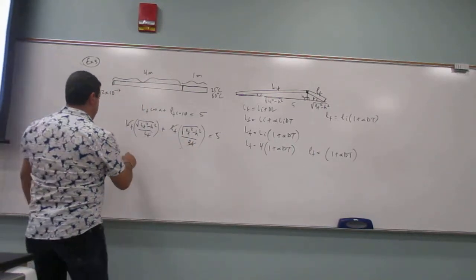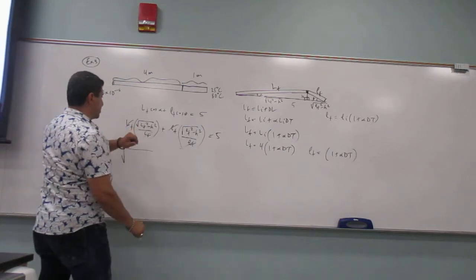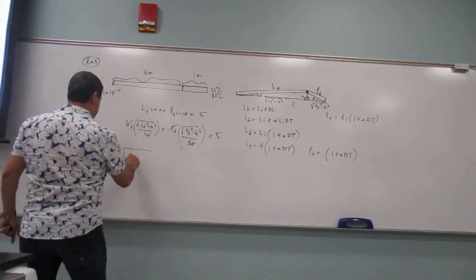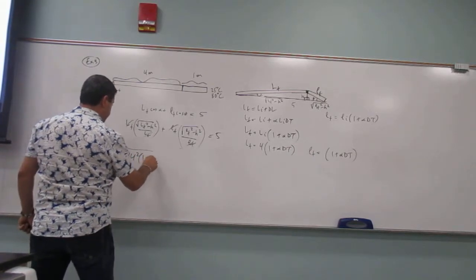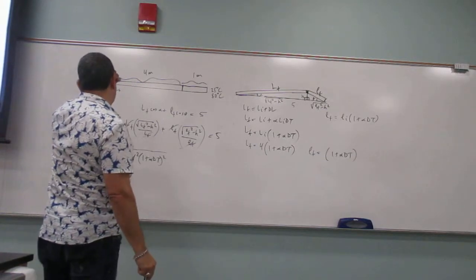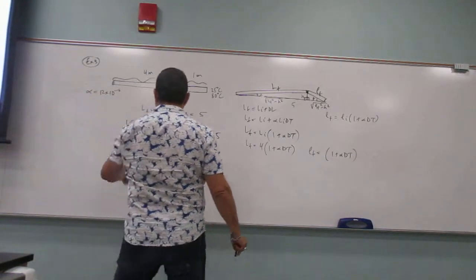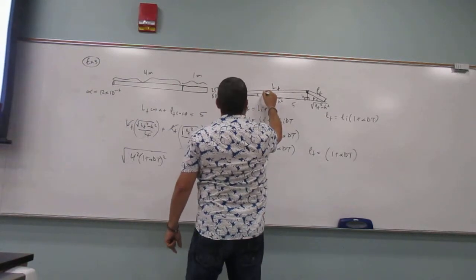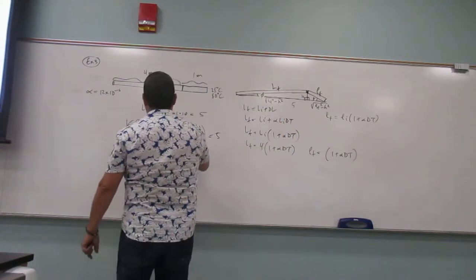Then you have here the square root of L final squared, which is 4 squared times (1 plus alpha delta T) squared. Oh, I should call this something other than alpha, because the symbols confuse. This is phi.